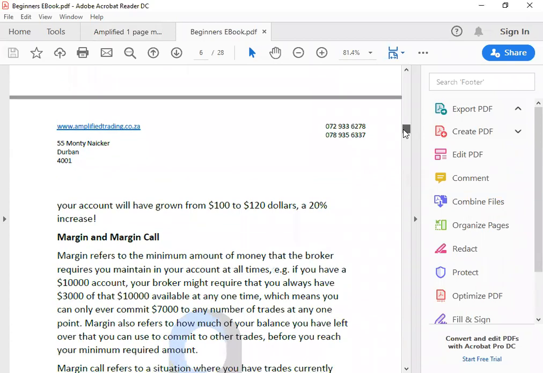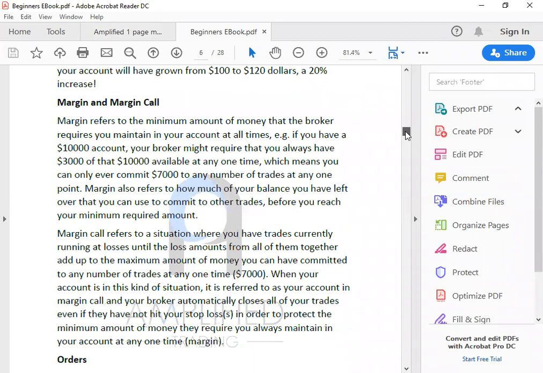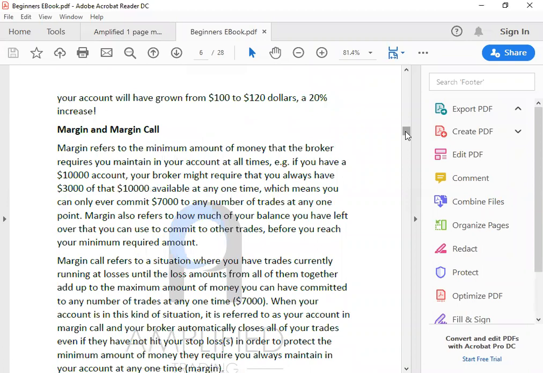Okay. So now margin, as I'll explain it, in the simplest way I'd like everyone to understand it, is like a minimum amount of money that the broker requires you to maintain in your account at all times for it to stay open. It's like your minimum balance on your bank account, right?